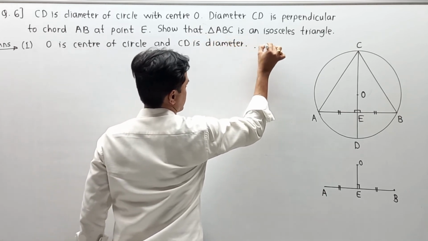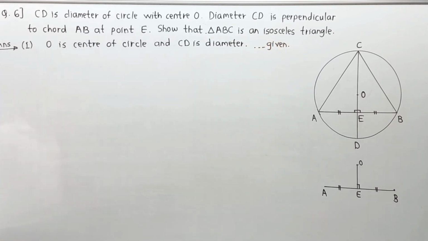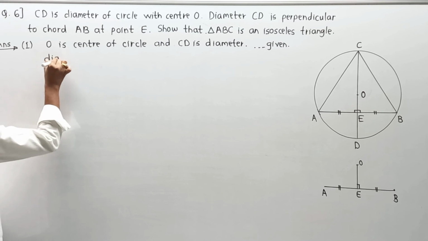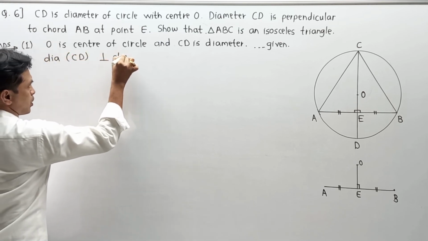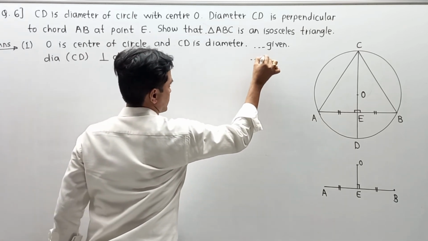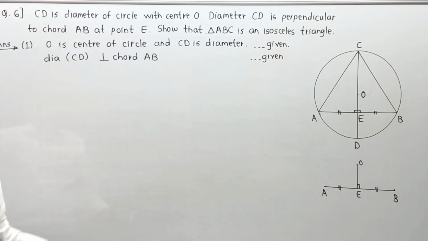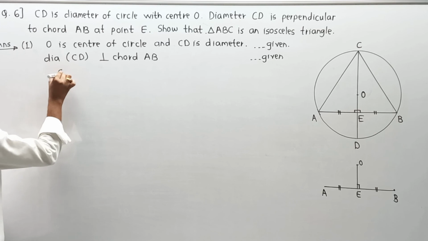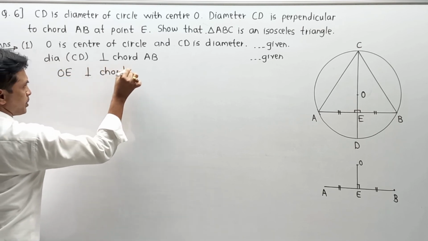They have given it, so given. Next, they have given diameter CD perpendicular to chord AB. This is also given, so I am going to write it as given. Now in modified form, OE is perpendicular to chord AB.